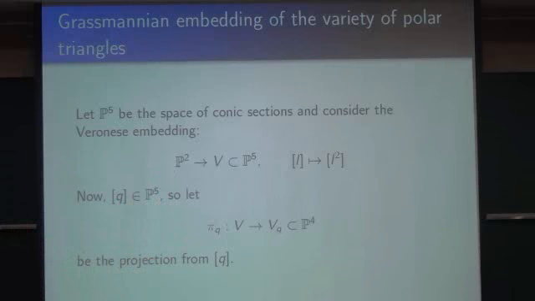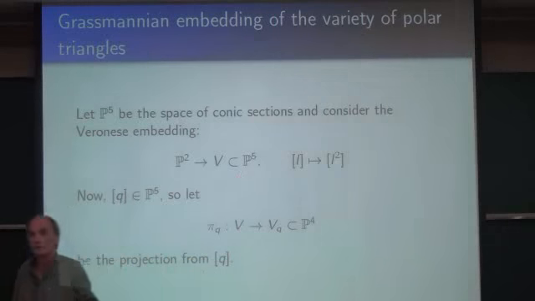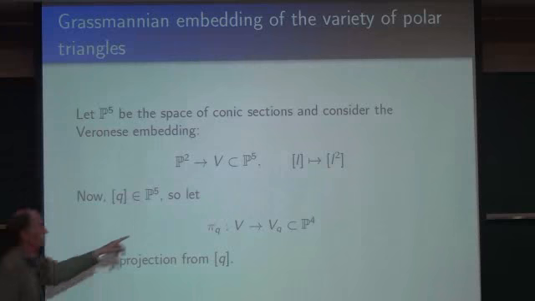So the space of linear forms modulo scalars, we think of that as a projective plane. And we think of all the conics, these are quadratic equations, as a P5. There are 6 coordinates, so up to scalars, that's a P5.